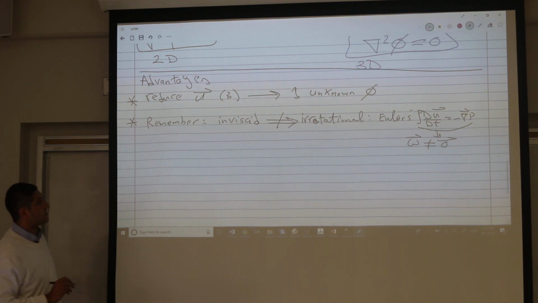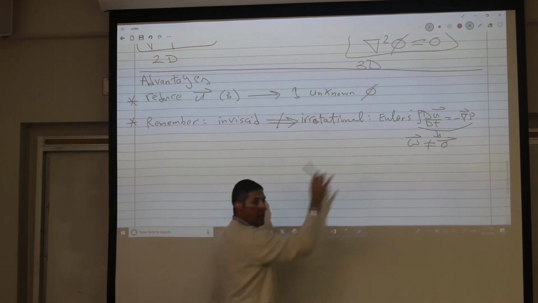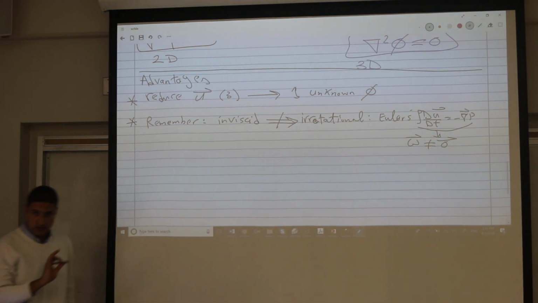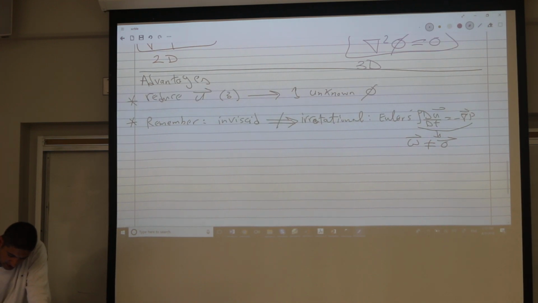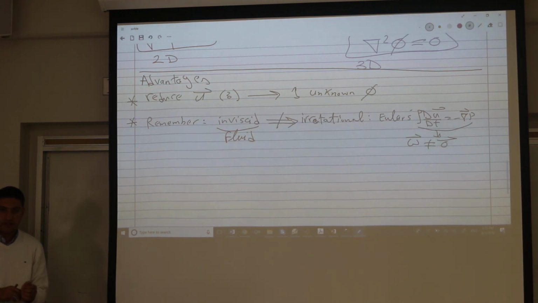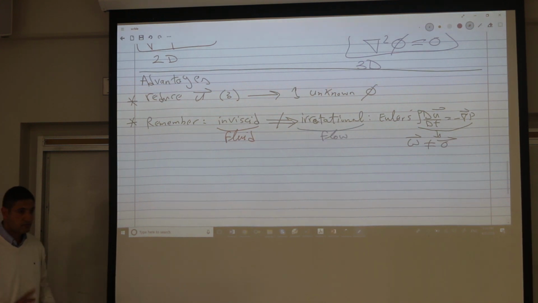For Euler's equation, inviscid doesn't mean irrotational. You still have vorticity, okay? And there is something here to stress, that inviscid is a property of the fluid. So like superfluids, they have 0 viscosity. But this guy is a property of the flow, okay?